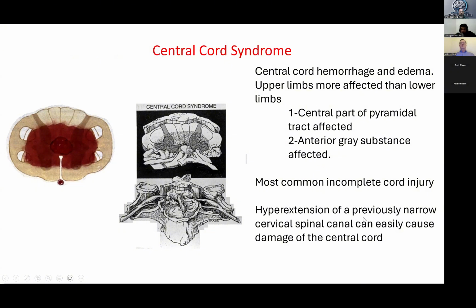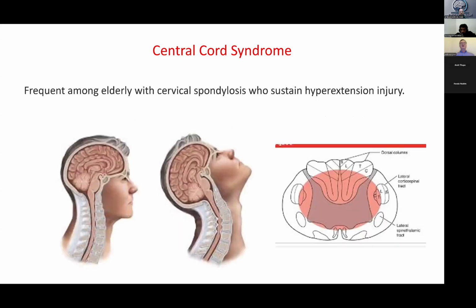Central cord syndrome happens mostly in hyperextension injuries of a previously narrow spinal canal, which can happen especially in the elderly people by hyperextension of the head, as I mentioned, because on flexion, normally there is a physiologic widening of the spinal canal. However, in extension, it narrows.